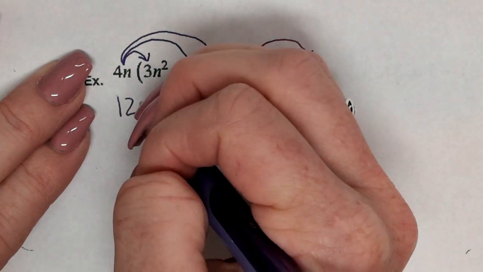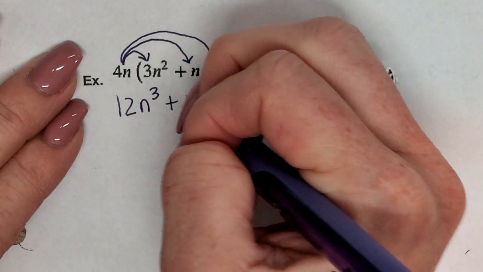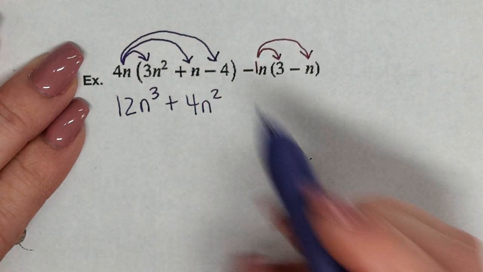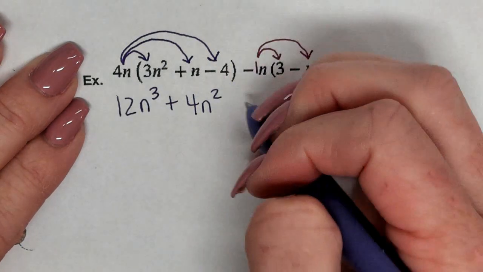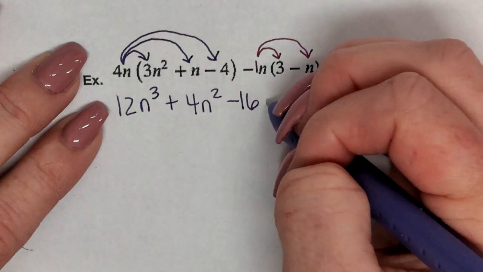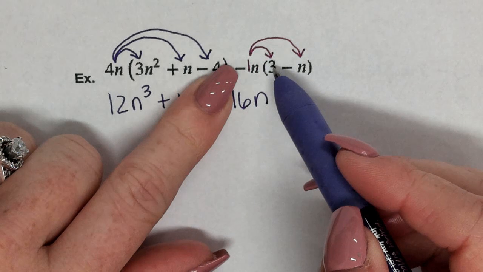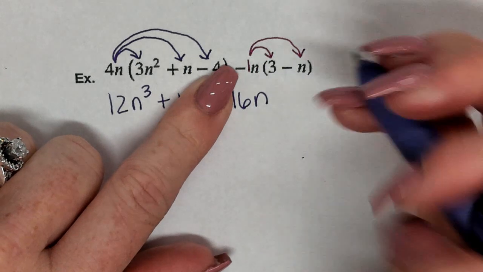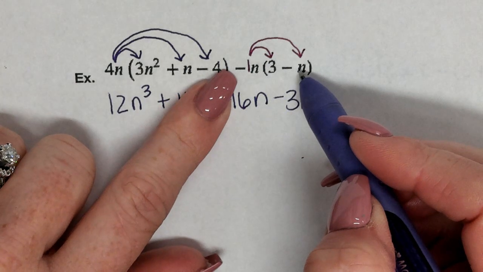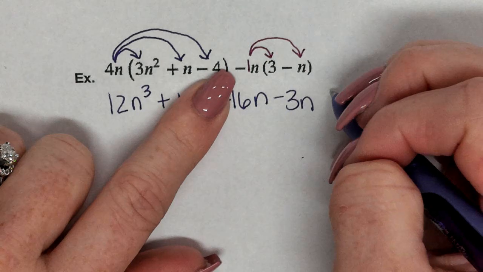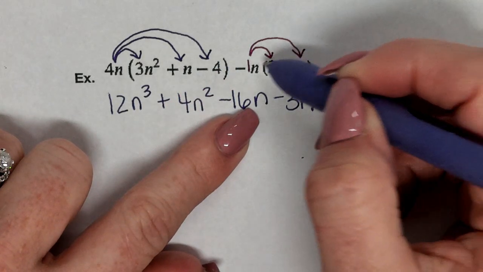N times n squared is n cubed. Plus 4n times n is 4n squared. 4 times negative 4 is what? Negative 16, and I have to keep the n. Now I come here. Negative 1 times 3 is negative 3n. And negative 1 times negative 1 is positive 1 n. Wait, not just n, n squared.